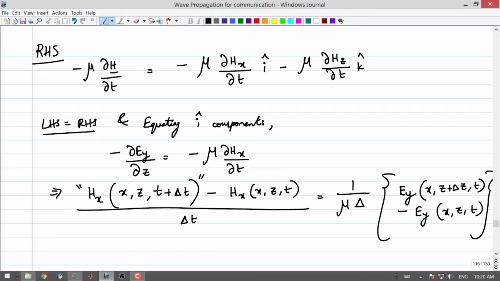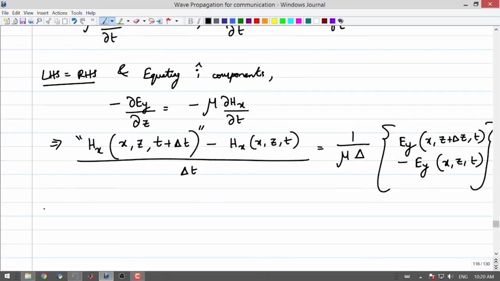So, you can always equate the left and the right hand side, equating k components.